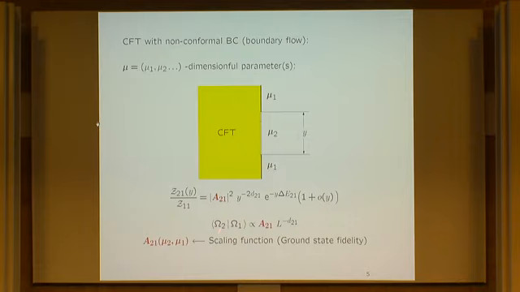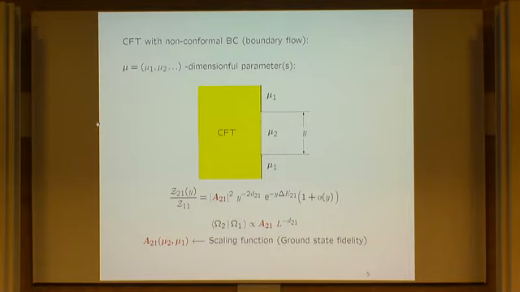The overlap of the vacua corresponding to different boundary conditions still vanishes as L goes to infinity, but we have a certain coefficient here. These coefficients depend on the parameters of the system; in principle, it's a certain scaling function of the parameters, which defines this overlap.